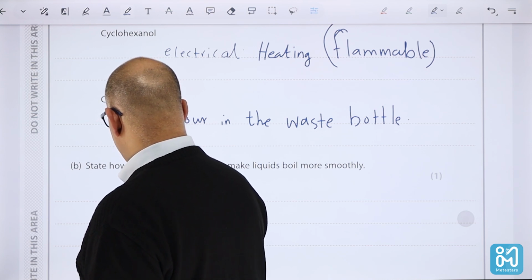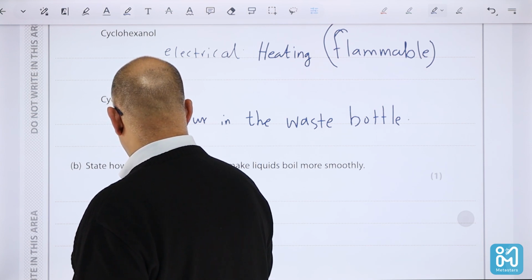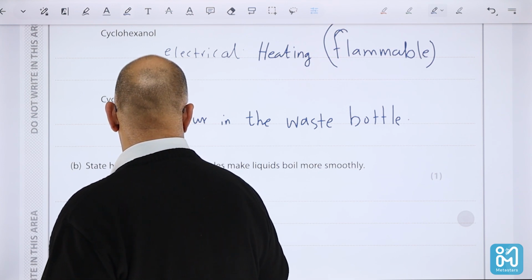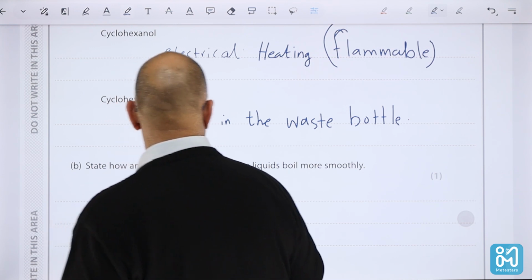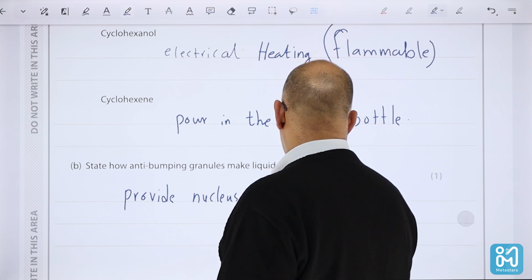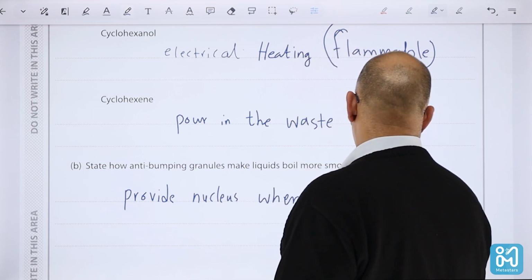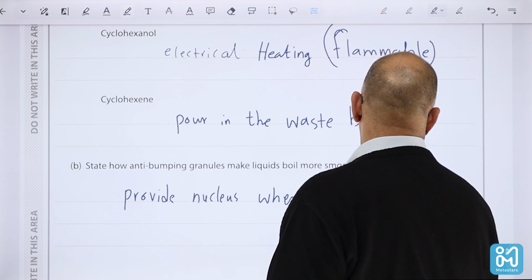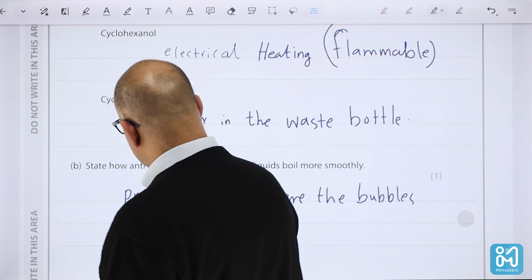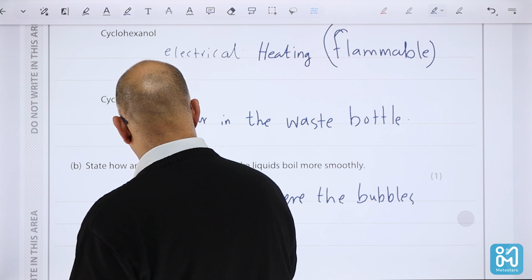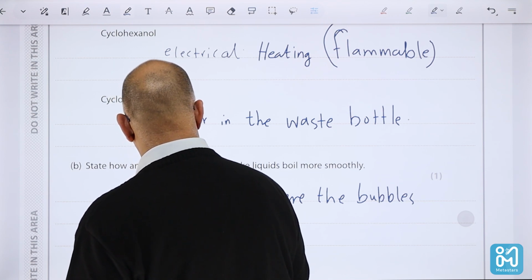So they provide a nucleus where the bubbles grow on that.